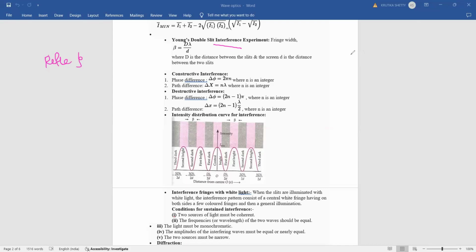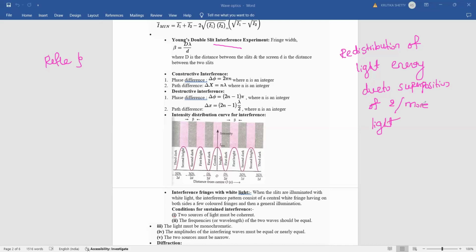In the interference phenomenon, the redistribution of light energy takes place due to superposition of two or more light waves.